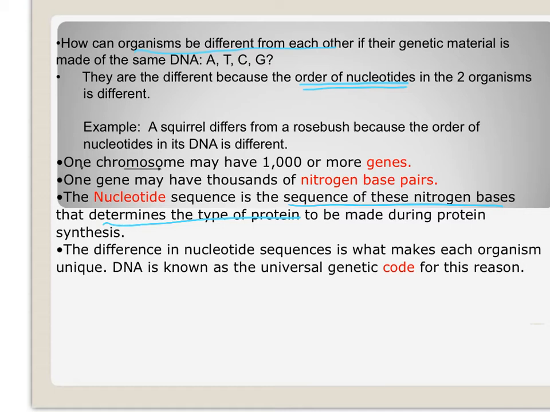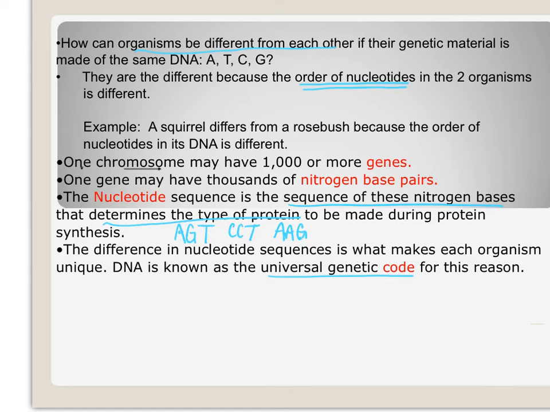This is also why DNA is called the universal genetic code. Every living thing has DNA, and we can look at that DNA and see the differences in it.